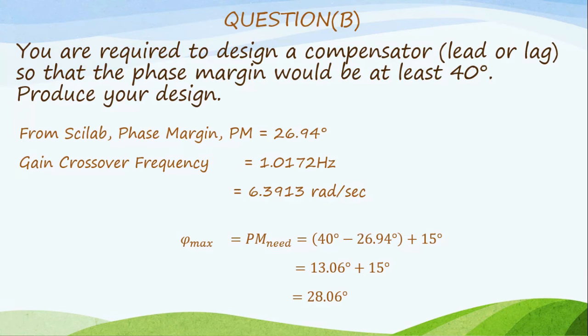Now, phi max is equal to phase margin required minus phase margin current, which is 40 degrees minus 26.94 degrees, and we add 15 degrees as the safety margin. The result is 28.06 degrees.